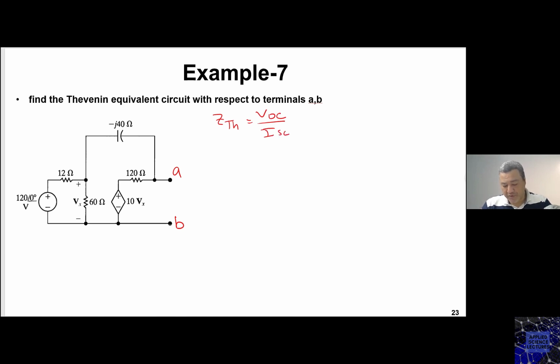So this is one approach. Or you can switch off the independent sources and hook up a source at the output and find the withdrawn current, exactly the same as what we have done in the previous example. Both are going to give you the Z Thevenin.